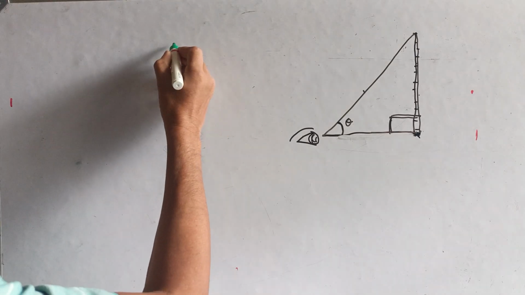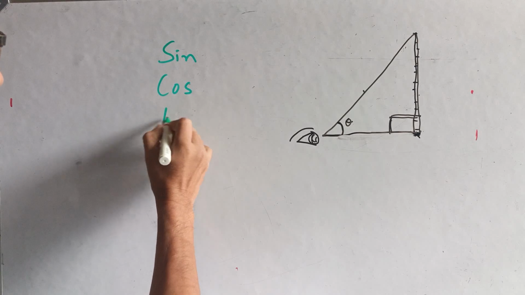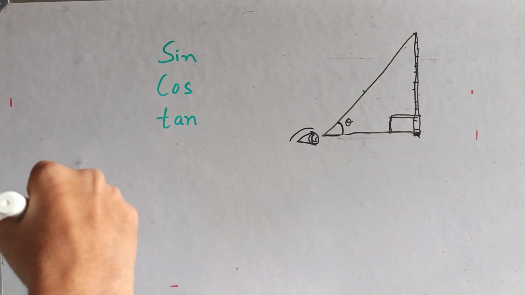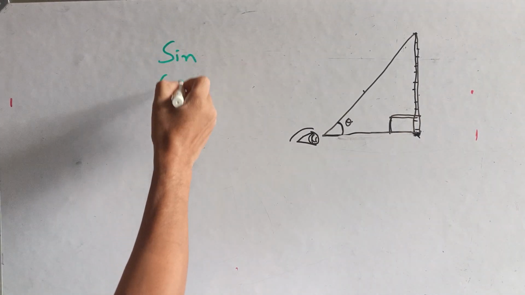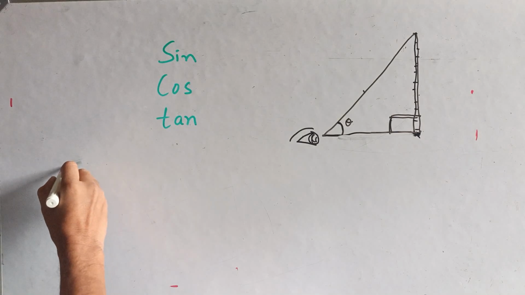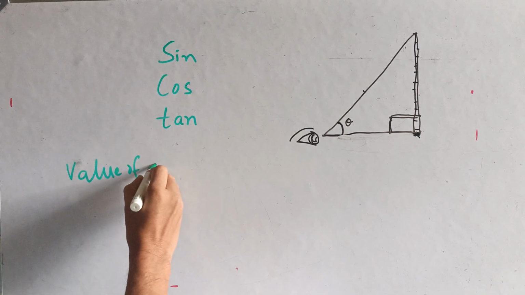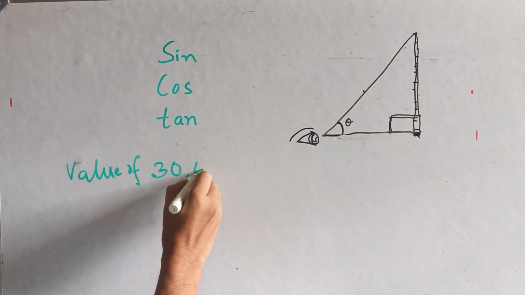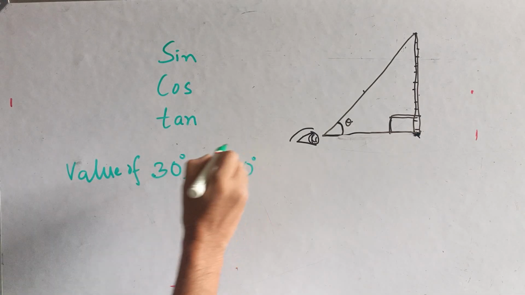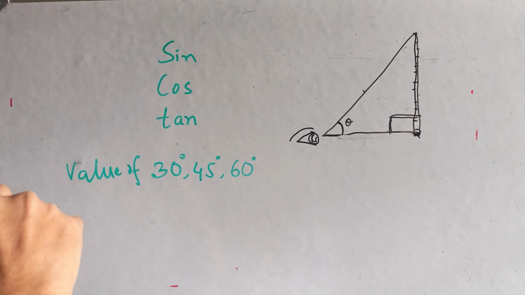This chapter is based upon your previous chapter, where we defined sine, cos and tan. These three are enough, and you have to know the definitions of sine, cos and tan, and the values of 30 degree, 45 degree and 60 degree.